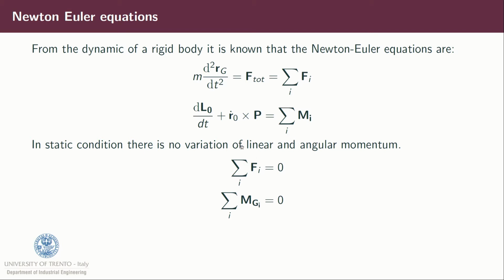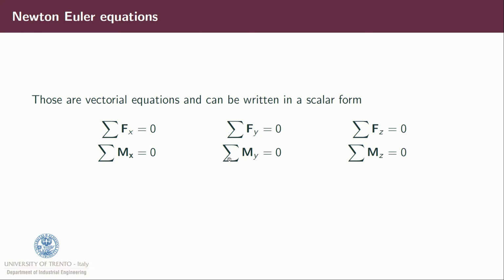Since we are in static conditions, there is no variation of linear and angular momentum and no velocity, so the sum of all the forces must be equal to 0, and the sum of all the moments must be equal to 0.